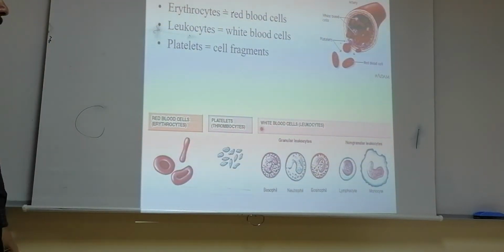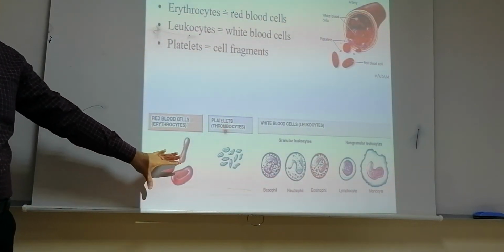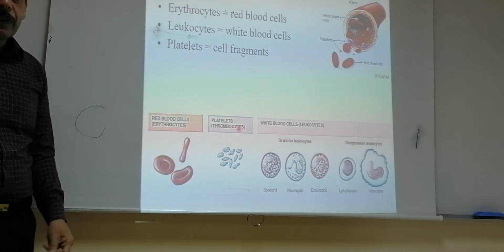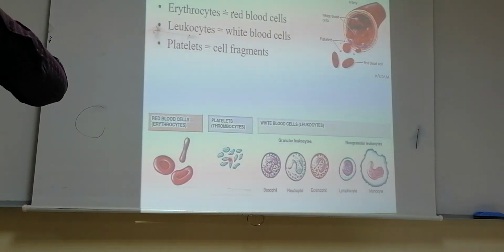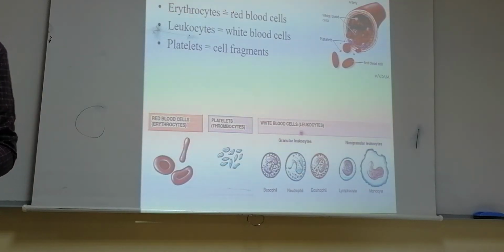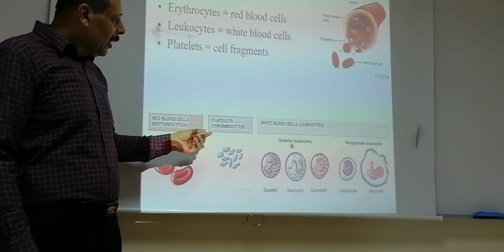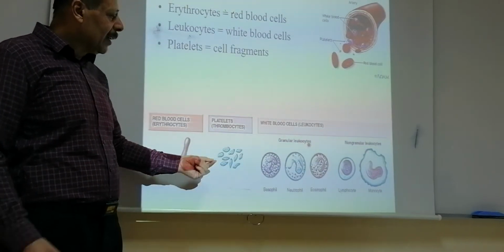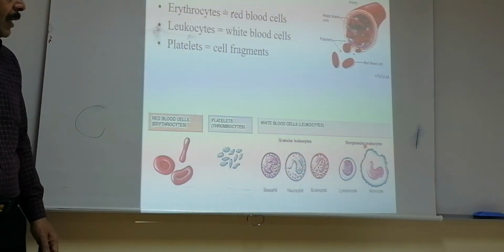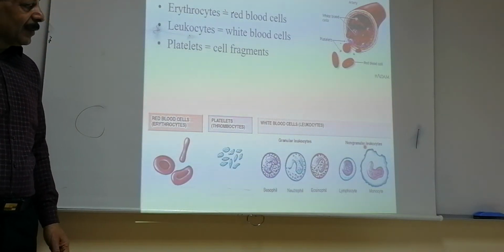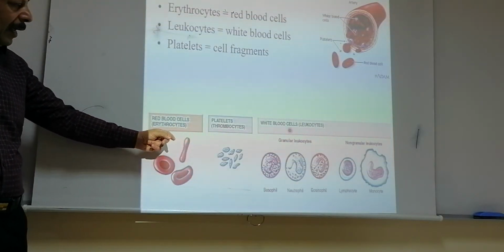The platelets are cell fragments. The red blood cells, if we come to the shape, are like a disc, concave from each side. The platelets or thrombocytes are very small cell elements, and we said that mainly they aid in clotting.